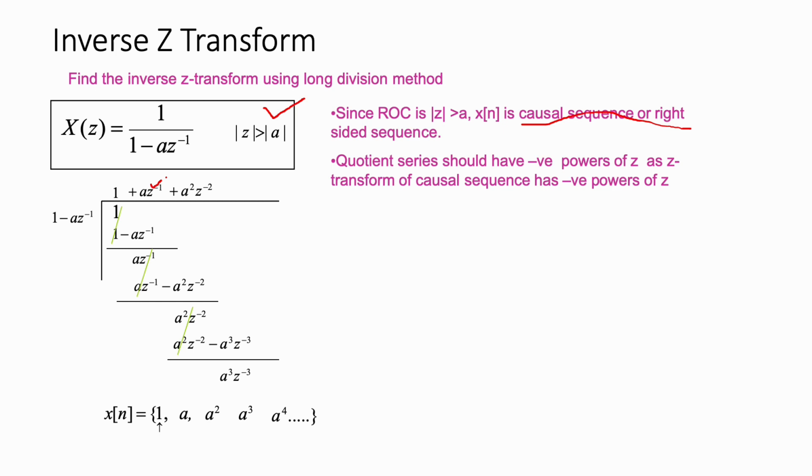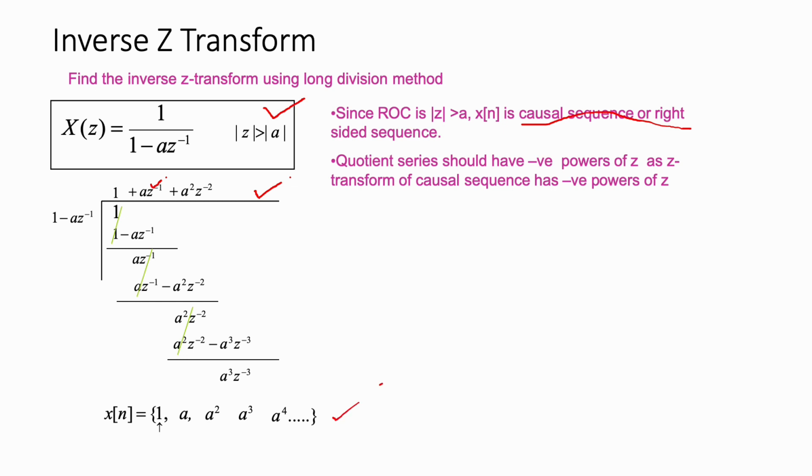The next one, minus minus becomes plus, you will get a square z power minus 2. Now the same term you have here, so you multiply and do it. The process will go on till infinity. So from the quotient, and this is the remainder part, from the quotient we can write the final answer.